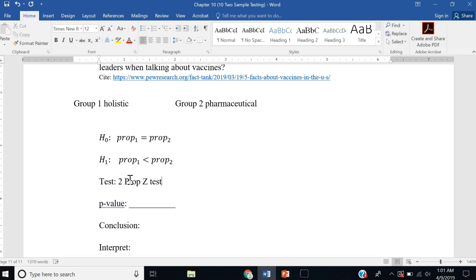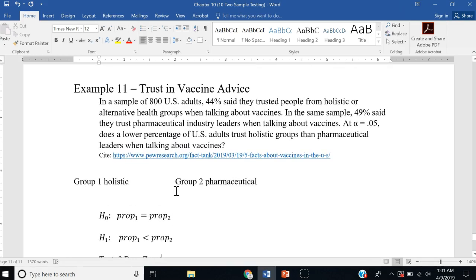So we go there, and here's a little bit of a twist. It's the same twist we had in chapter 9, so you can probably figure this out. We said that 44% of the 800 trust in the holistic. That was group 1, right?